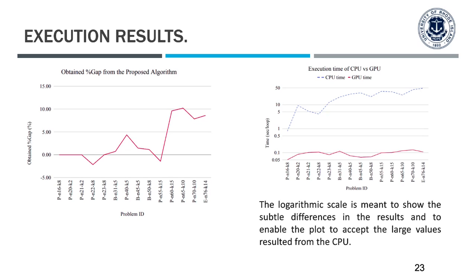In this figure, we used a logarithmic scale to show the subtle difference between the results and to enable the plot to accept the large values resulting from the CPU. Because in the CPU, as shown in the dotted lines, we can see the values can reach 50 seconds per loop, while in the GPU, the values are much lower than that and almost fixed around a specific value.